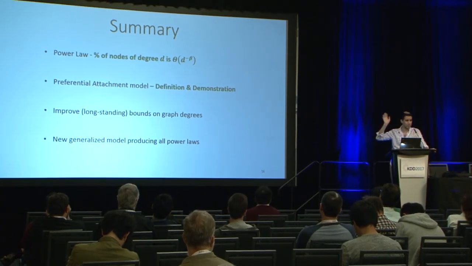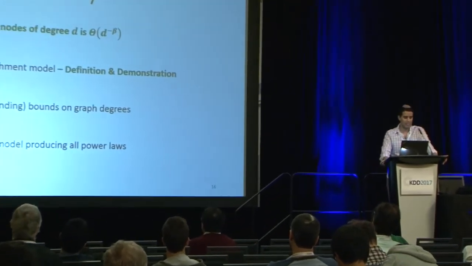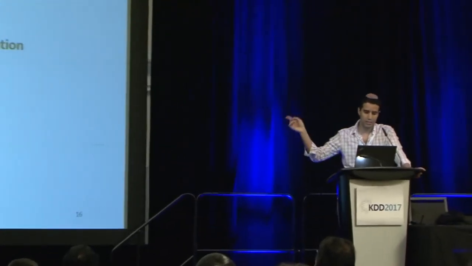For 11 years there hasn't been progress in those results, and we improved that. We were able to bound degrees in the graph much tighter. And the last thing that I showed you is a generalized model, a way to generalize the preferential attachment model and really produce any power law that you would want. Okay, thank you. That's it.